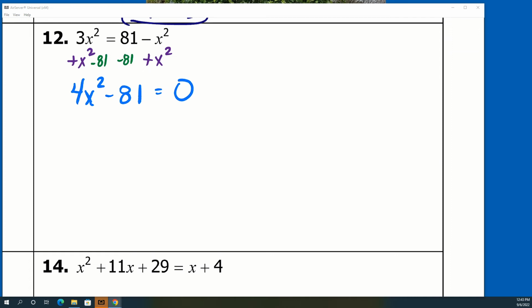Couldn't you just subtract? Yes, you could subtract the 3x squared if you wanted to. So that would have been 81 minus 4x squared is equal to 0. Yes. You'll get the exact same answers either way. It doesn't matter what side you move it on. All right, and then this one is difference of squares.